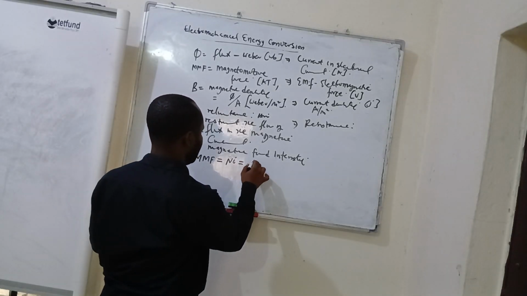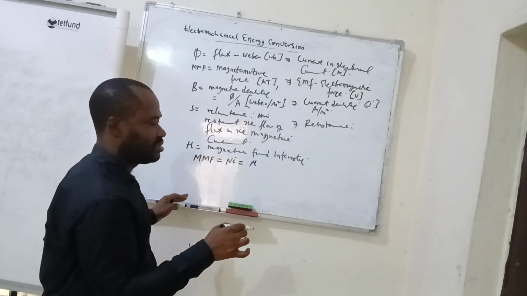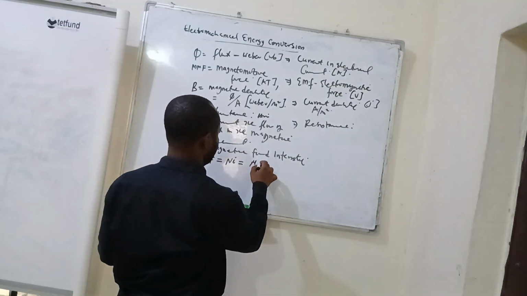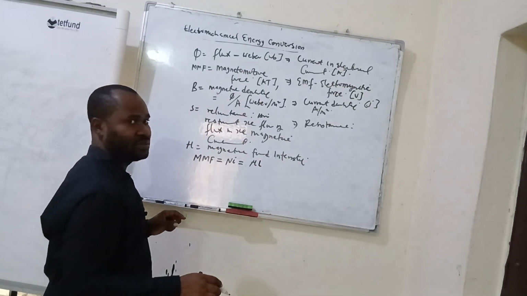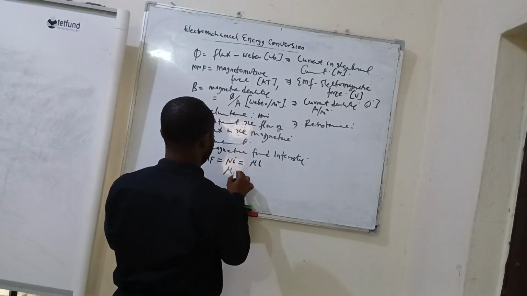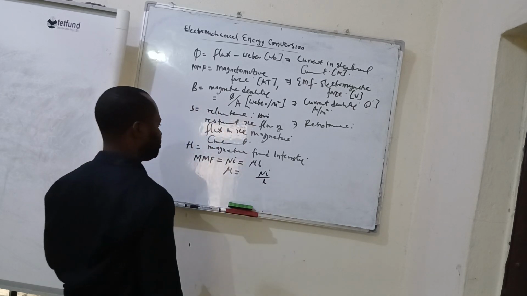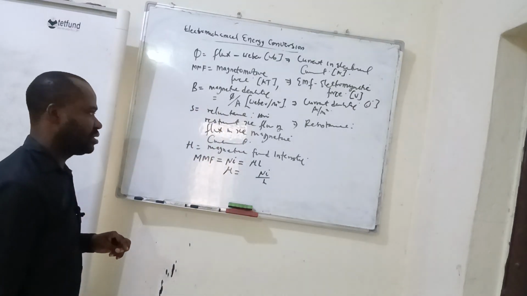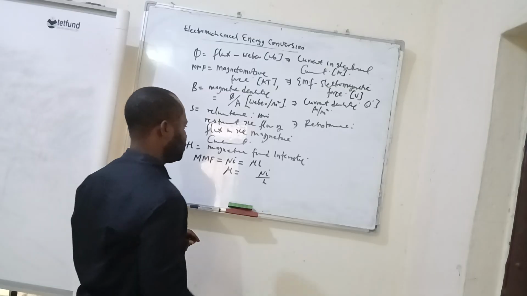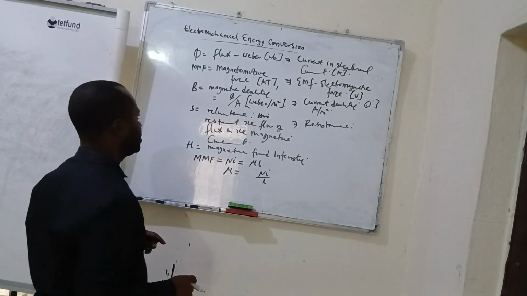So this is also equal to magnetic field intensity multiplied with the length. So on this note, we can say that H is equal to Ni divided by the length of the magnetic path.